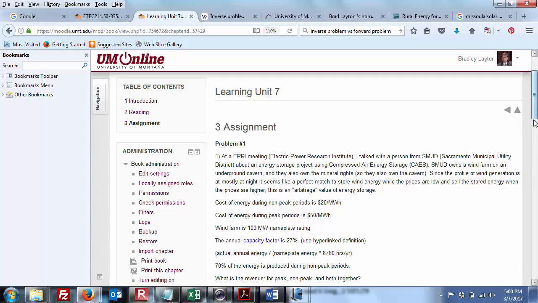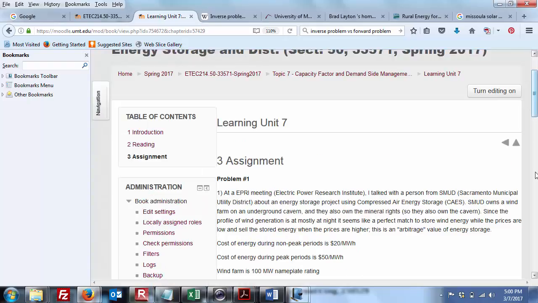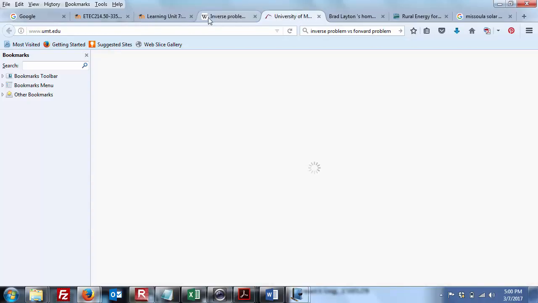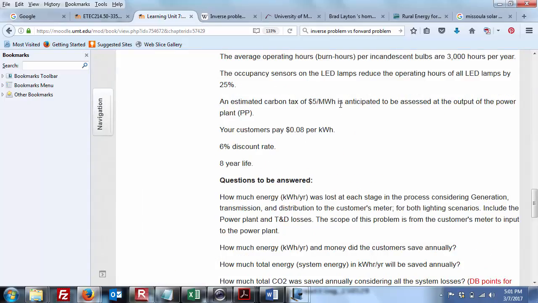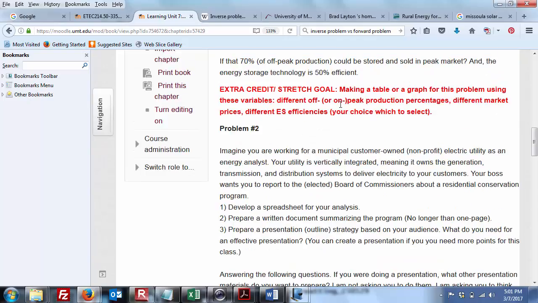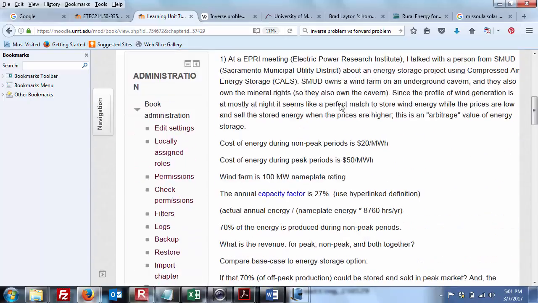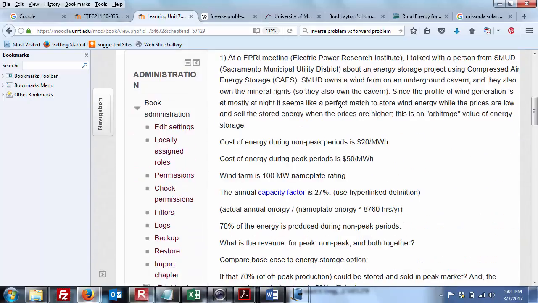So again, these are real life problems that Alan Fraser has encountered in his own professional engineering experience. So, Electric Power Research Institute, he spoke with a member of SMUD, Sacramento Municipal Utility District, using compressed air.